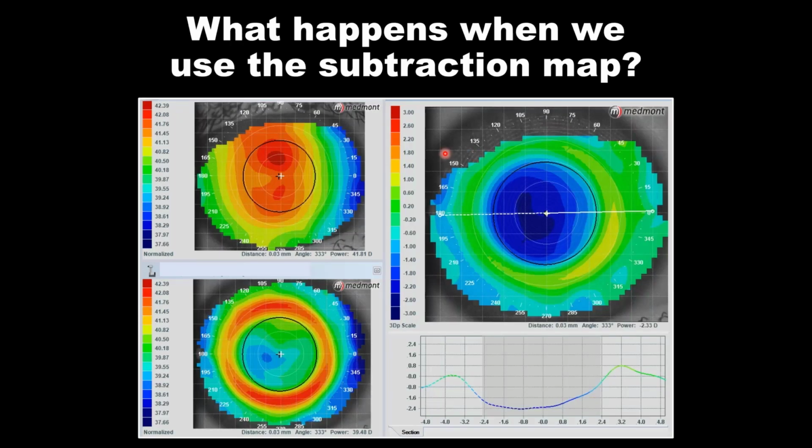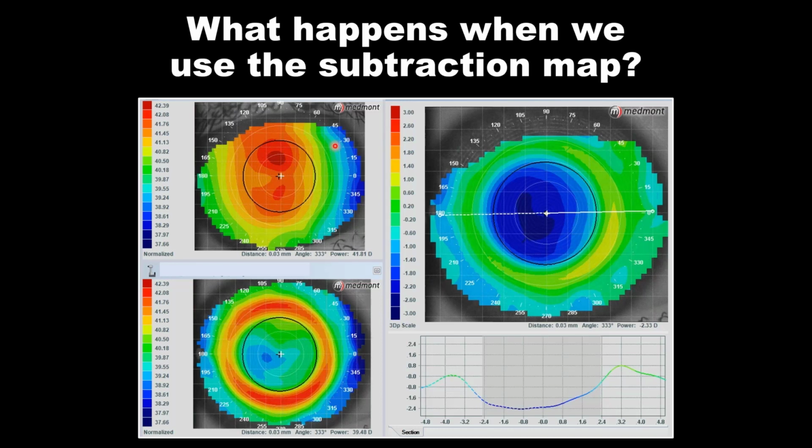When we do a subtraction map and compare our baseline to our post-treatment, there's a lot more information on the post-treatment map. So apparently I've just done a terrible job of selecting or capturing my topographies. The point of this conversation is to consider how important your baseline pre-ortho-K topography is in ortho-K analysis.